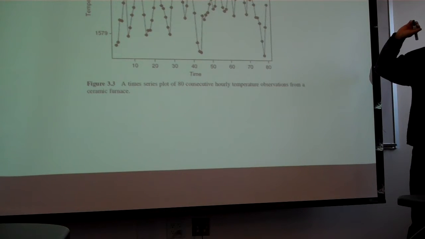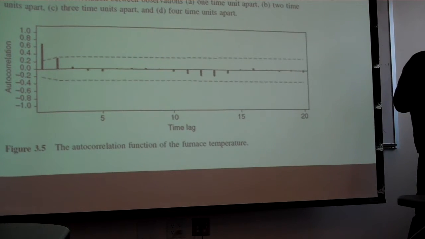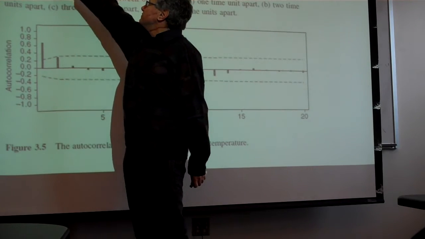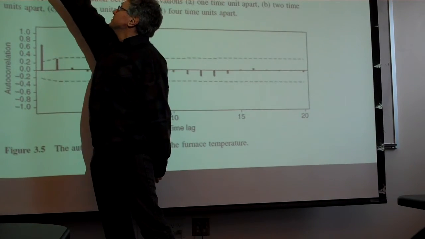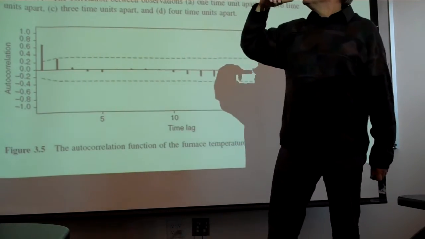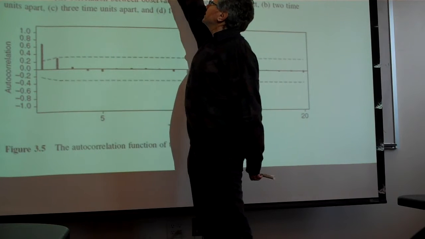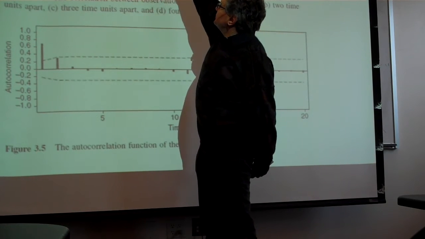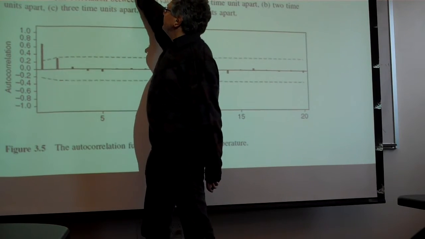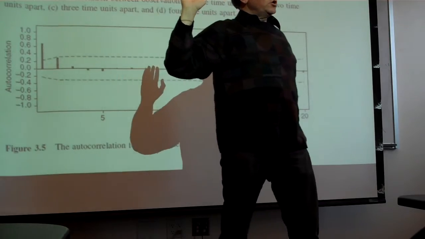What we want to look at is the empirical correlation. If we look at a plot of temperature versus lag 1 temperature, that's temperature one time period before, we see quite a strong correlation. If we look at the second lag, there's a much weaker correlation. As we get out to the third and fourth lags, there's not a whole lot of correlation at all.